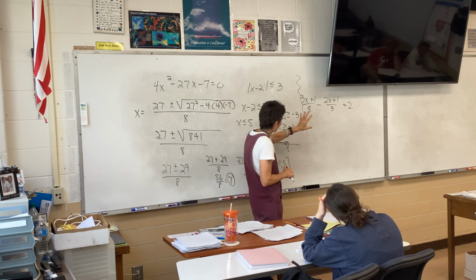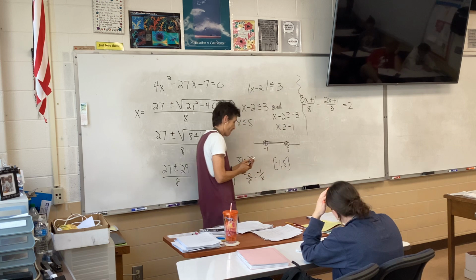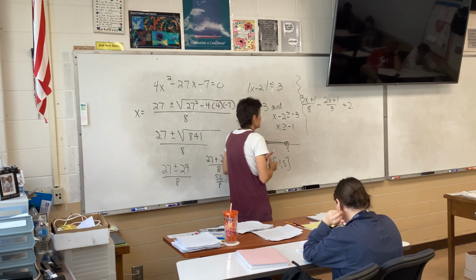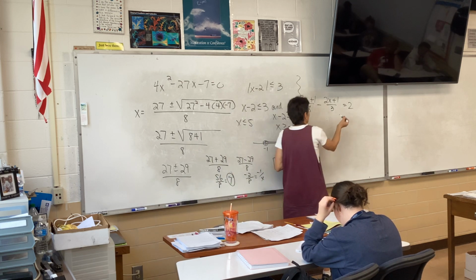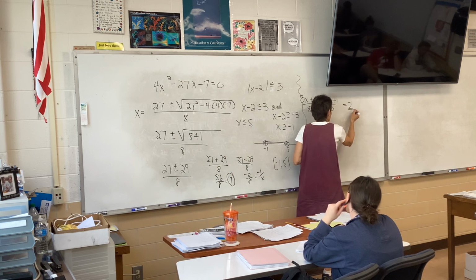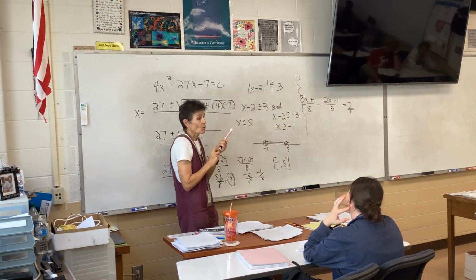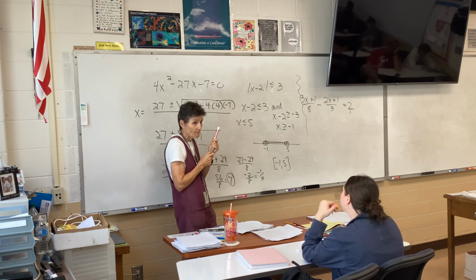All right, what about this guy? What do you want to do with that one? Common denominator. Figure out what the common denominator is. Don't forget, this doesn't look like a fraction, but it is. The whole problem is fractions. So the whole problem needs the common denominator.